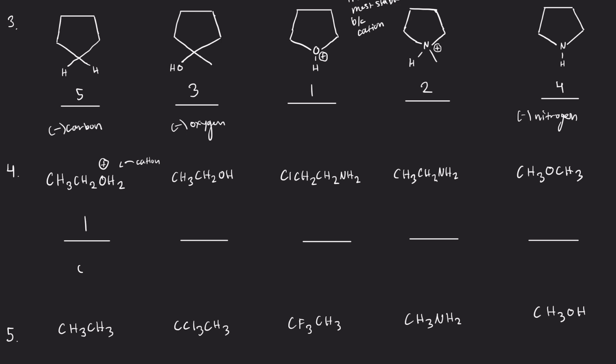That one we were comparing was going to be the O. This one we're going to have a negative O. This one we're going to have a negative N, another negative N. And don't get tricked by this oxygen here. We're actually going to have a negative carbon in this. Okay, cool.